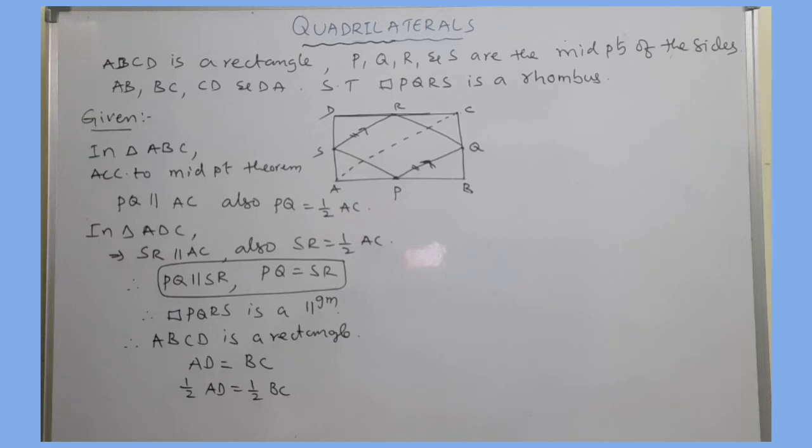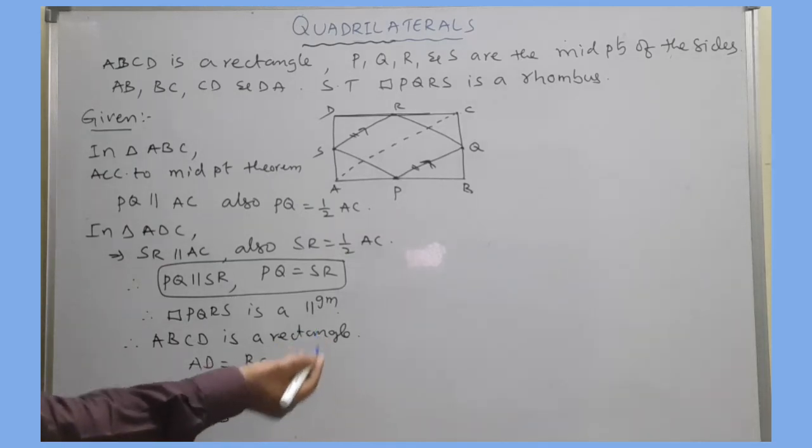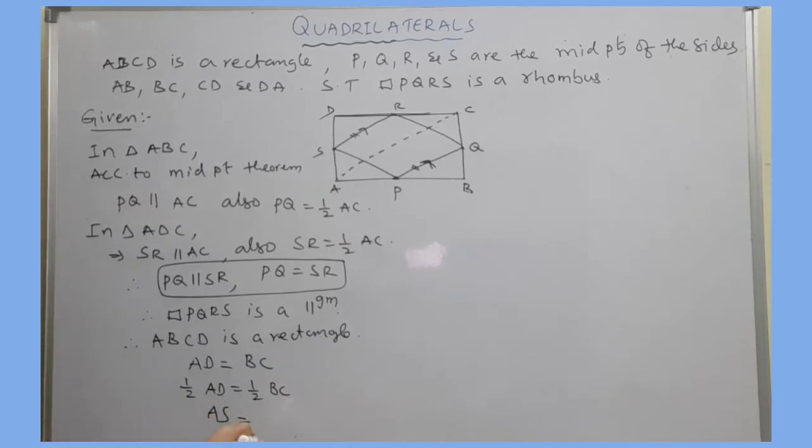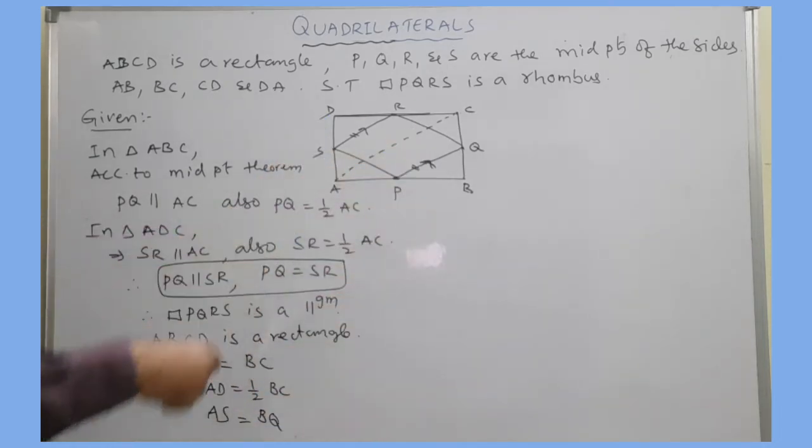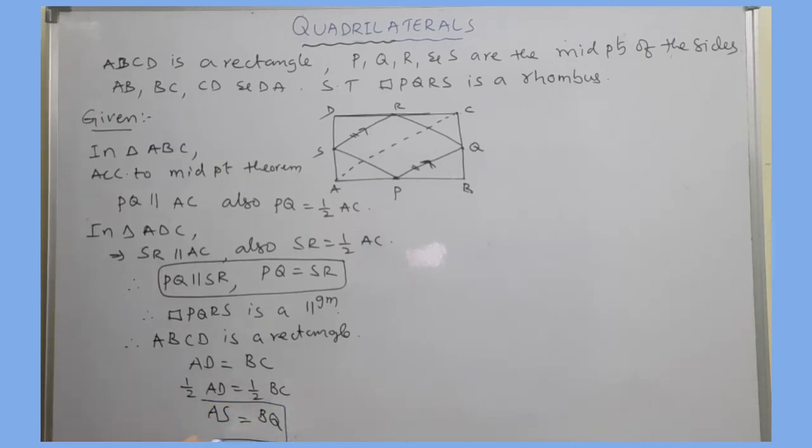Half of AD can be taken as AS, whereas half of BC can be taken as BQ. So we got AS is equal to BQ.